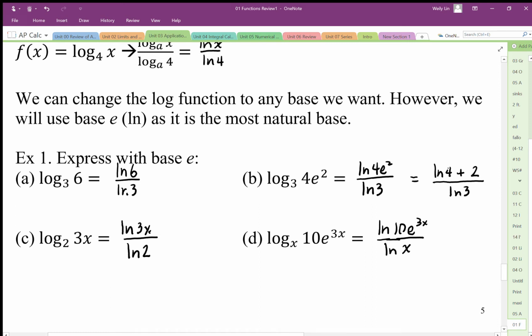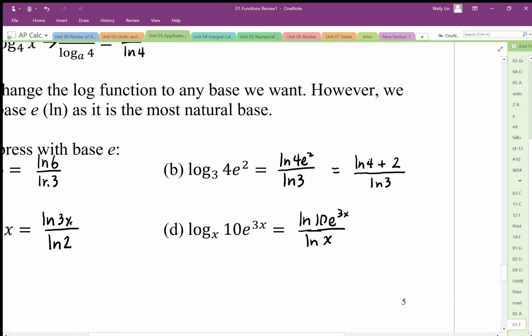Okay, so there's a base e involved here, so we should simplify this into log 10 plus log e to the 3x, which just becomes 3x, over log x. Okay, and notice that the base x and exponent x here have nothing to do with each other, so we cannot do anything algebraically with those two terms.